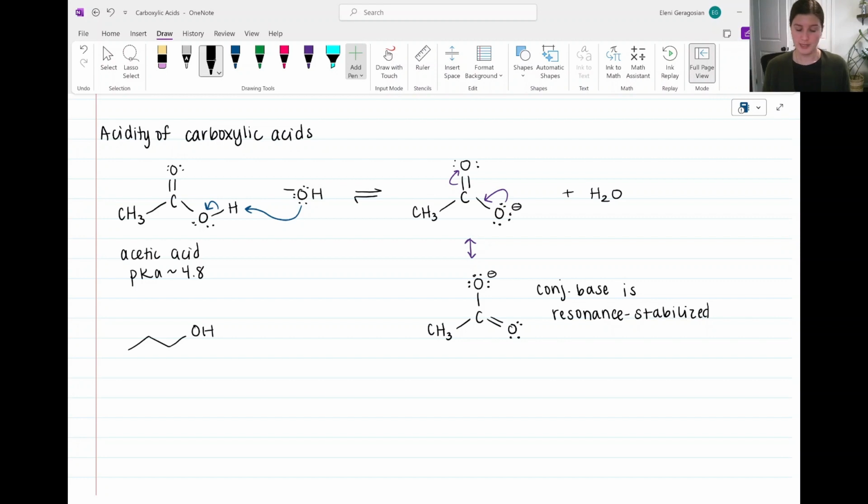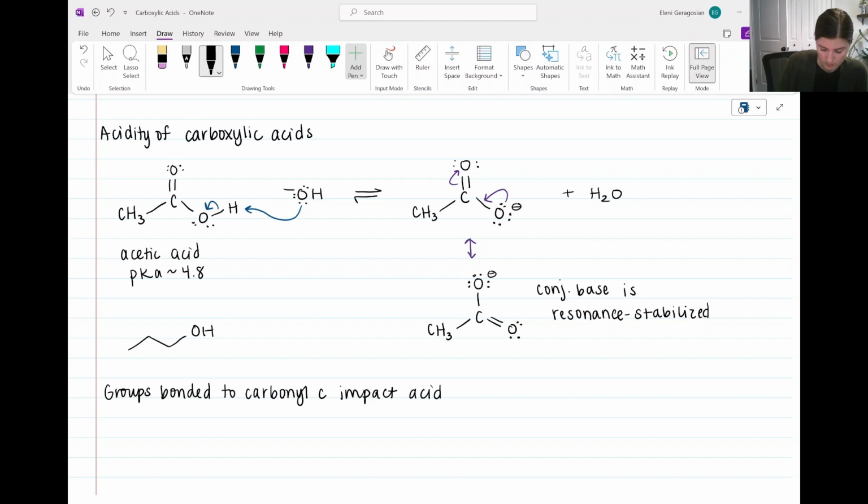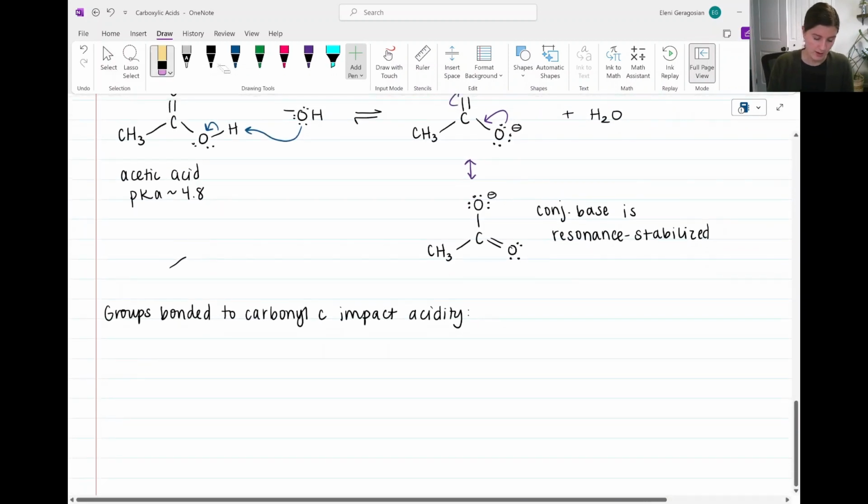And now the groups that are bonded to the carbonyl carbon can impact acidity. So here are two examples.